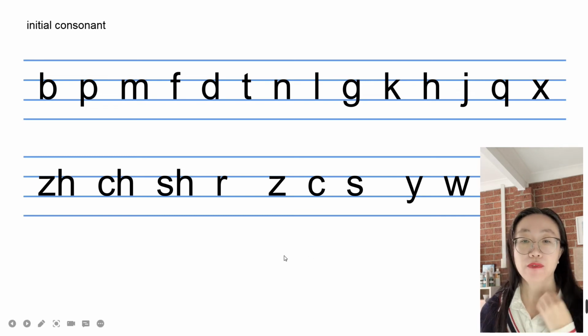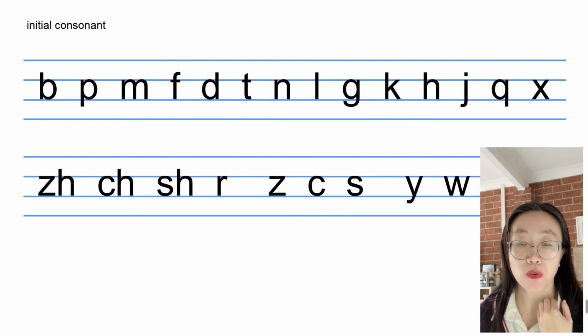And now let's have a look at the compound words.